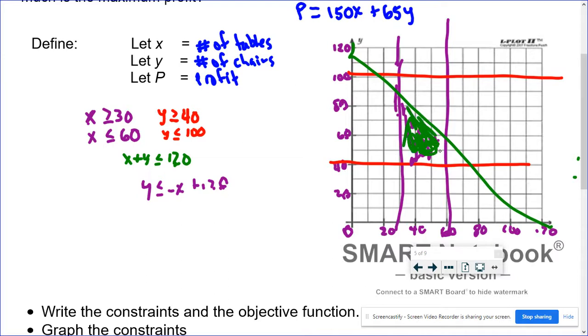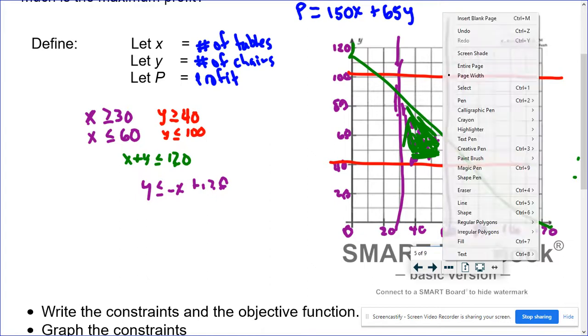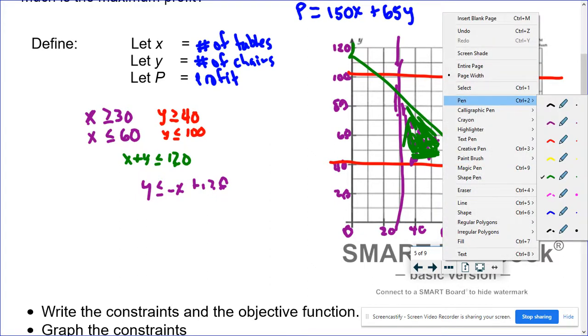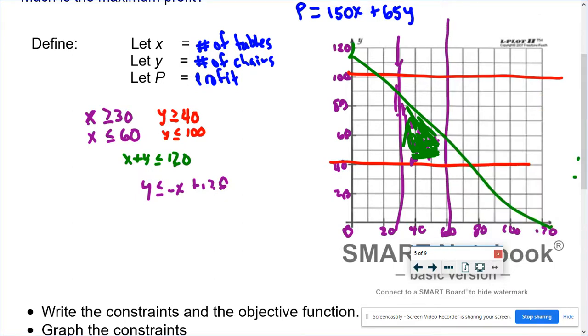Okay. So again, the question is the number of items that's going to maximize their profit. We're going to focus only on the corners of the feasible region.